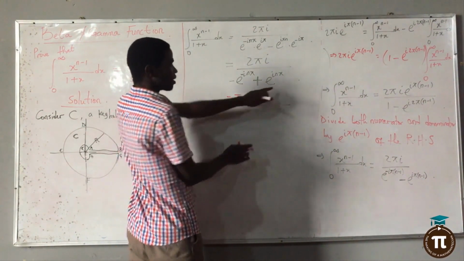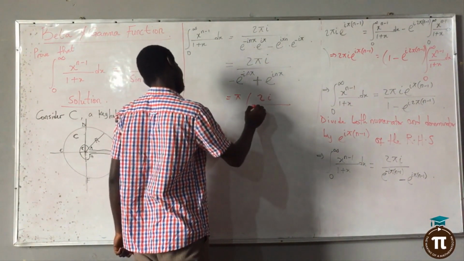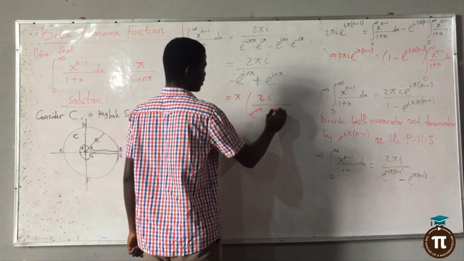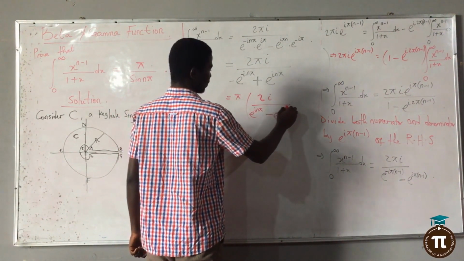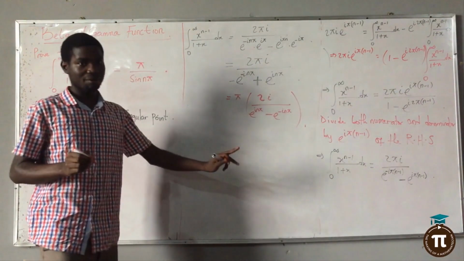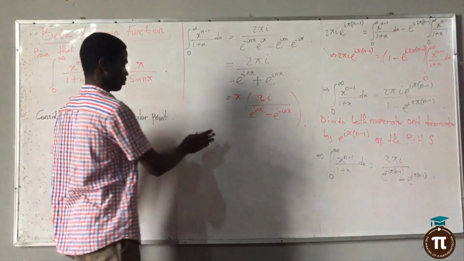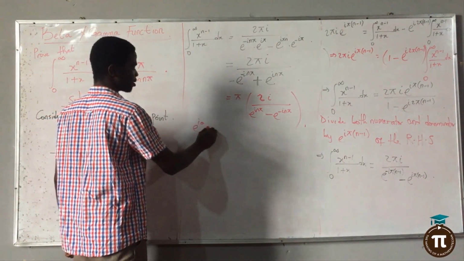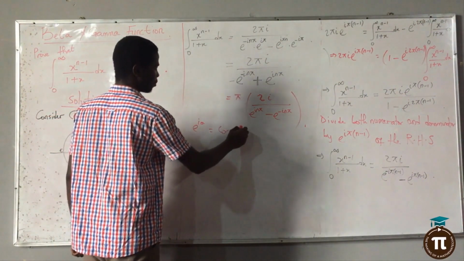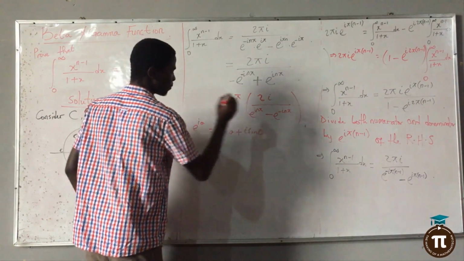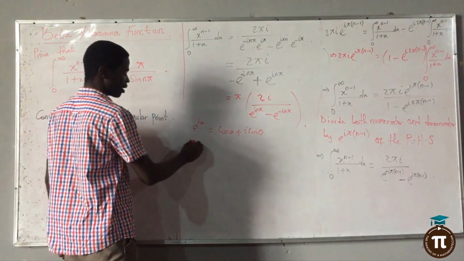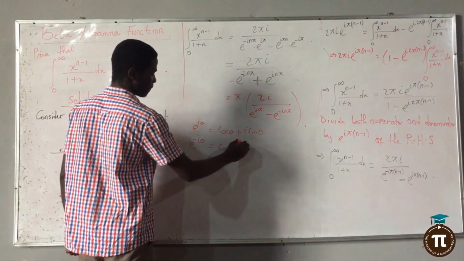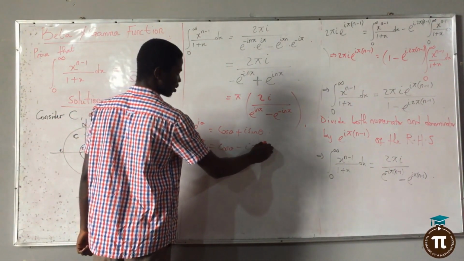Then let me write this first. At the denominator, e raised to the power of i n pi minus e raised to the power of minus i n pi. So you remember from the elementary that e raised to the power of i theta is cos theta plus i sin theta. E raised to the power of minus i theta is cos theta minus i sin theta.